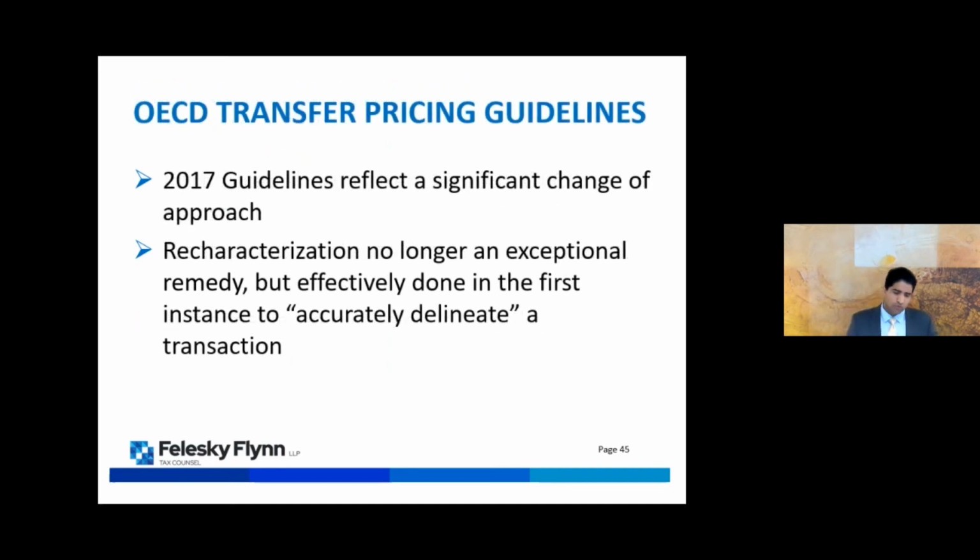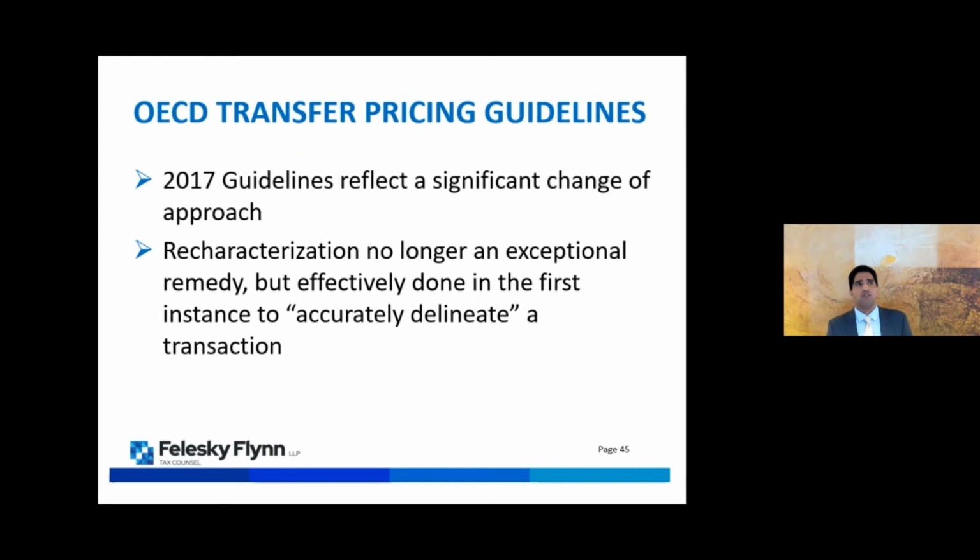So we have 247(2)(b) and (d) in our domestic law, but at the OECD level, as I've mentioned before, there have been changes. So the historical transfer pricing guidelines viewed recharacterization as an exceptional remedy. But after the BEPS project, there's been a real shift in transfer pricing, and the 2017 guidelines that were issued in light of the BEPS project reflect a really different approach to the recharacterization of transactions.